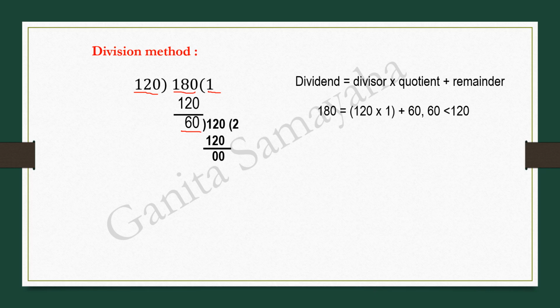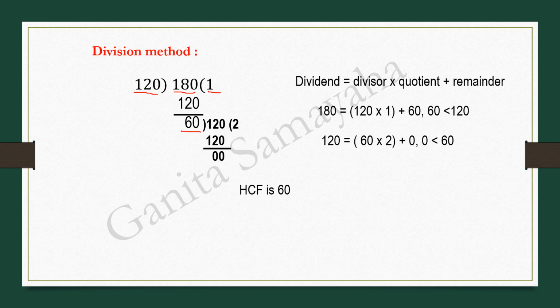So the divisor becomes the dividend and the remainder becomes the divisor now. So we can write that 120 is equal to 60 into 2 plus 0, and we know that 0 is less than 60. The remainder 0 is less than 60, which is nothing but the divisor. Since we have got the remainder as 0, our HCF is 60.